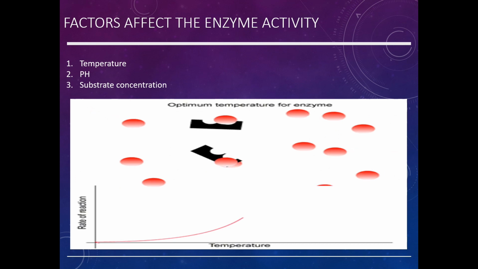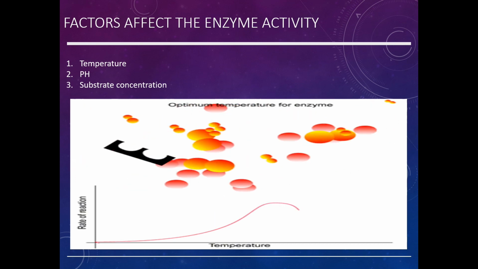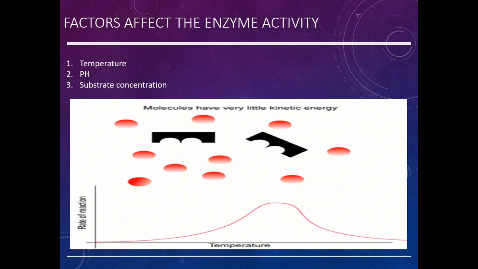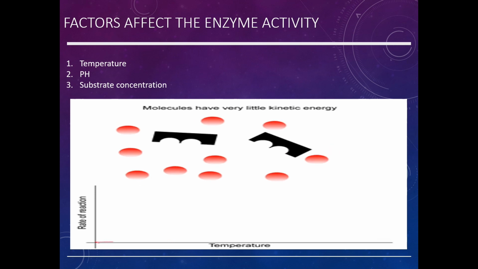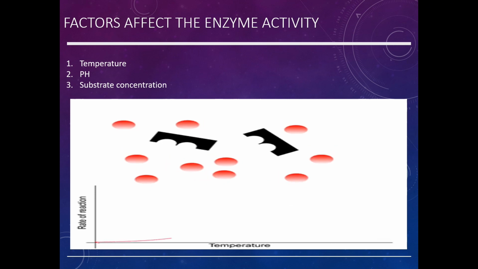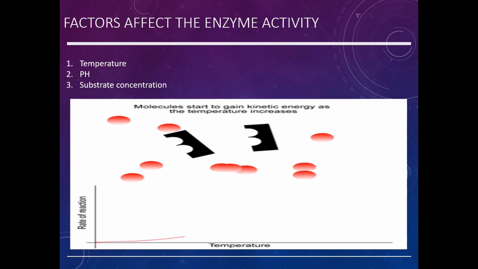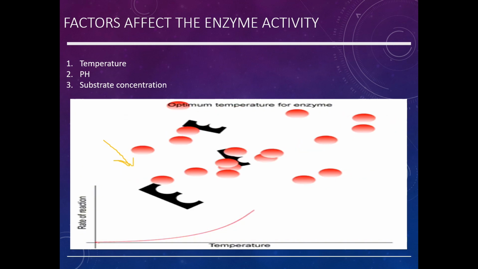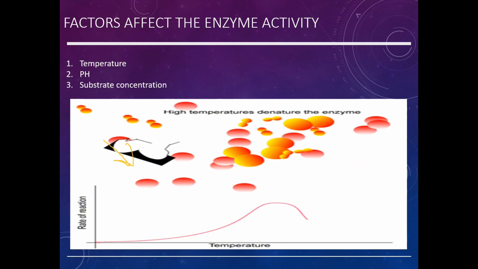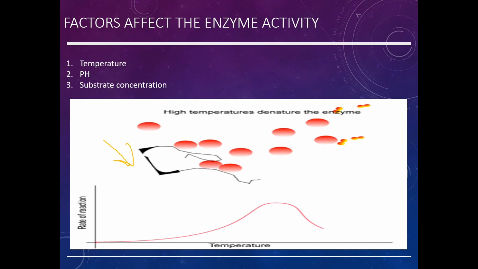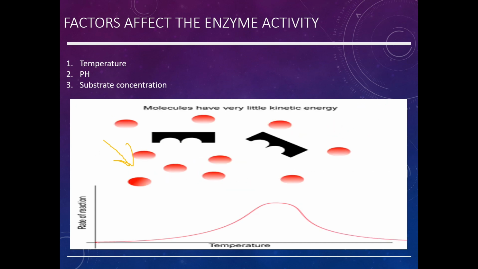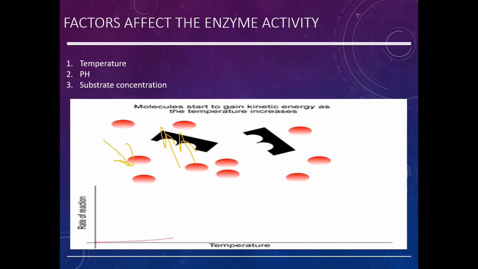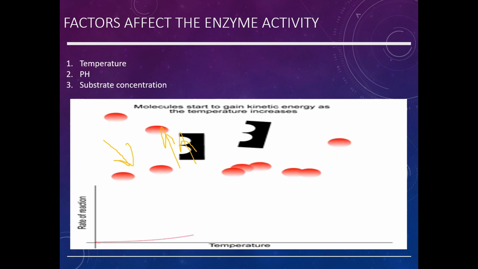The temperature, when you raise the temperature, giving more thermal energy to the molecules, the substrate molecules, they will have more kinetic energy, so they will move more, and the probability of colliding with the active sites will be more, so the activity or the rate of reaction will be more.